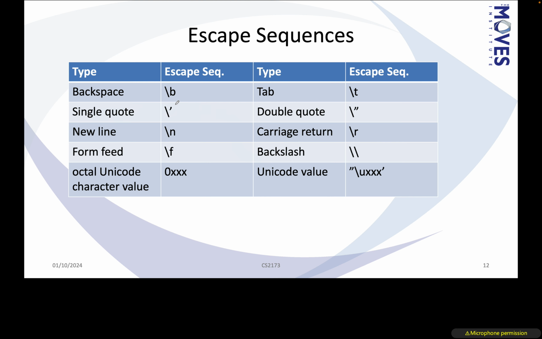If I want to represent a single quote, I would usually escape it within a string. All of this is typically within a string context. A new line, \n, you've probably encountered that before. A form feed, which is, again, an ancient type of thing. A tab, \t, you probably encountered that.